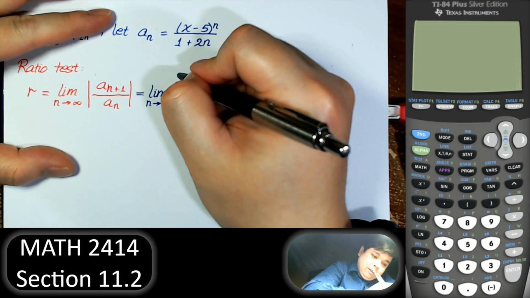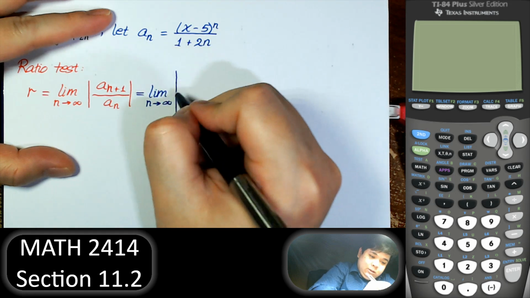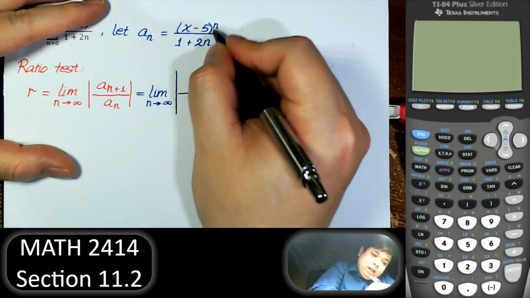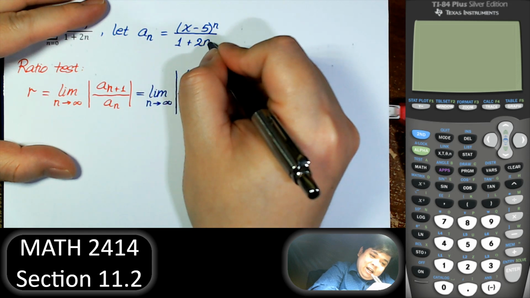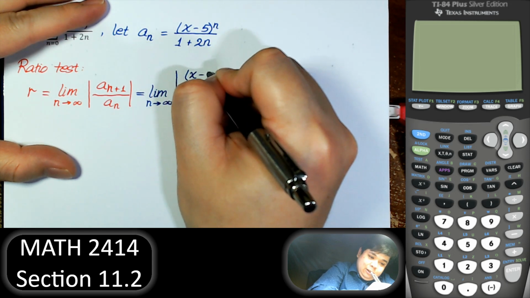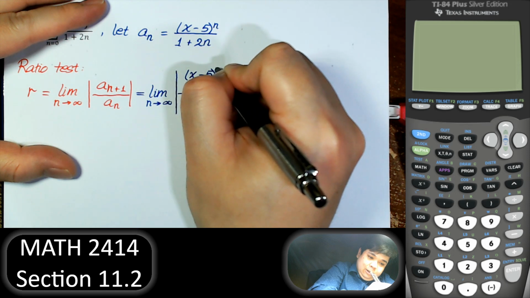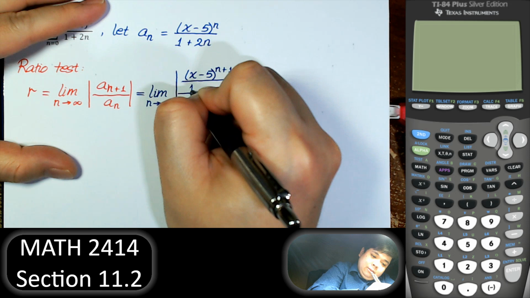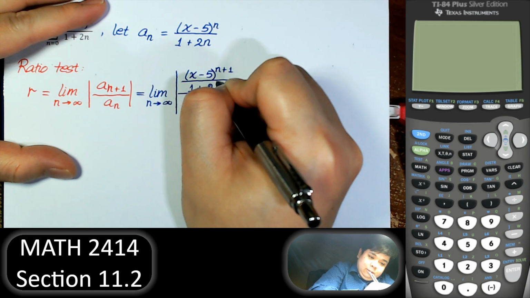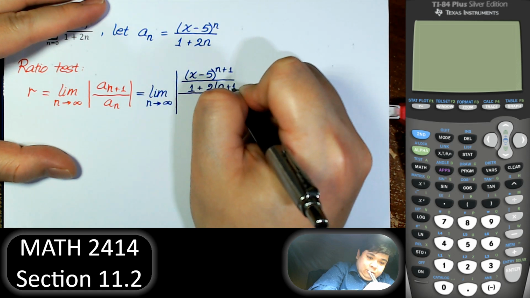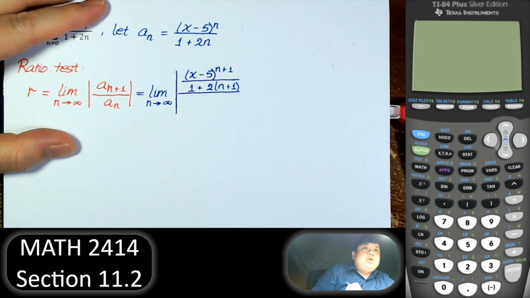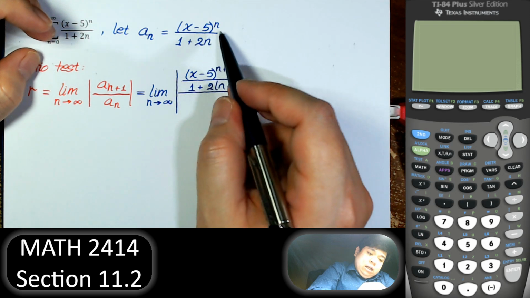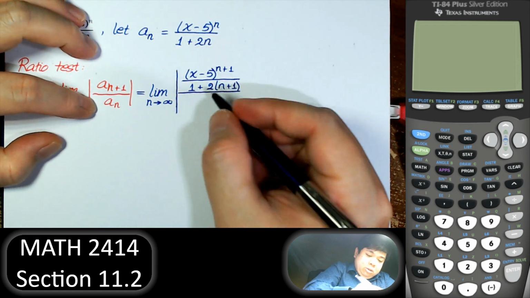First we have n plus 1 here and here. Right, so it will be like that. We will put in n plus 1, and then for a of n it will be the same thing.